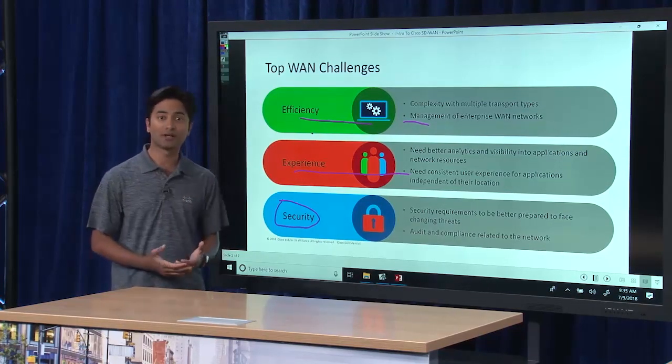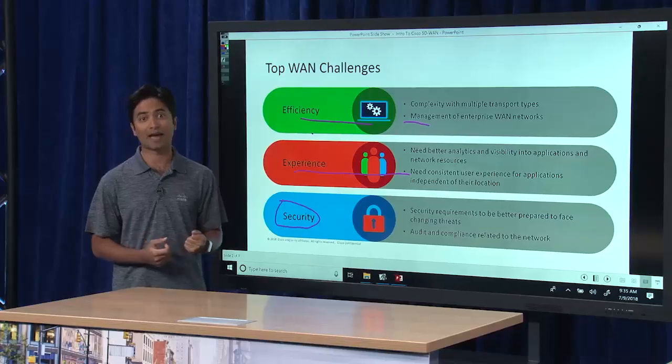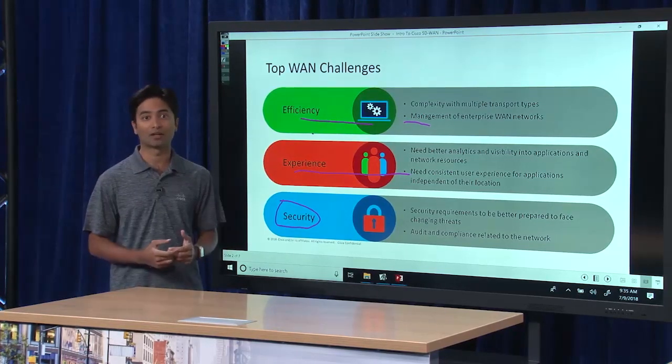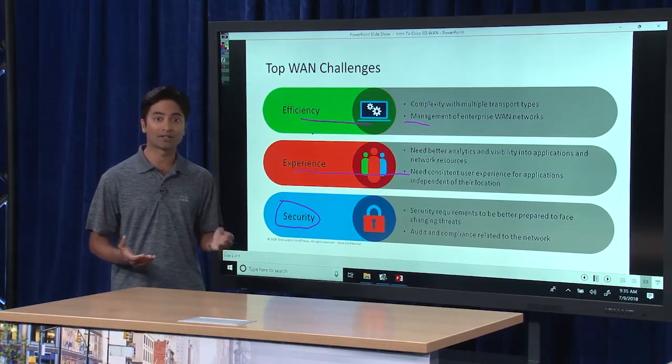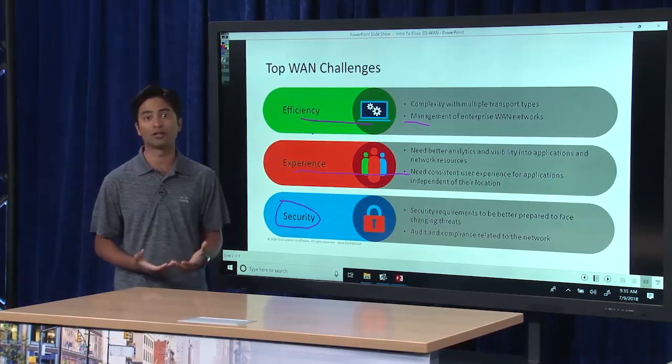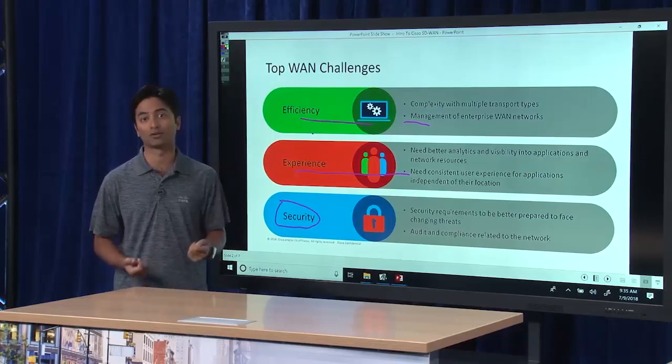Enterprises are now seeing that there's any number of transports available in different geographic regions. What that means is I may have MPLS, Metro Ethernet, LTE, broadband, VSAT, private lines. There's a huge myriad of combinations that customers can use to leverage the transport for their enterprises.